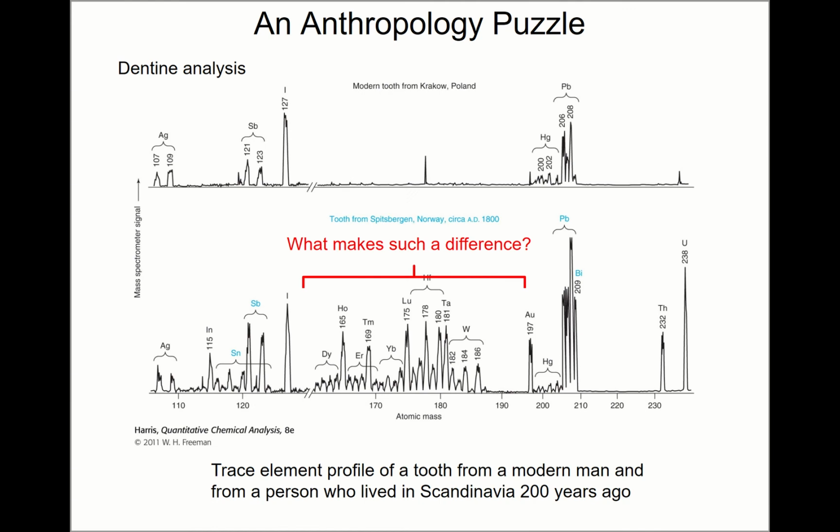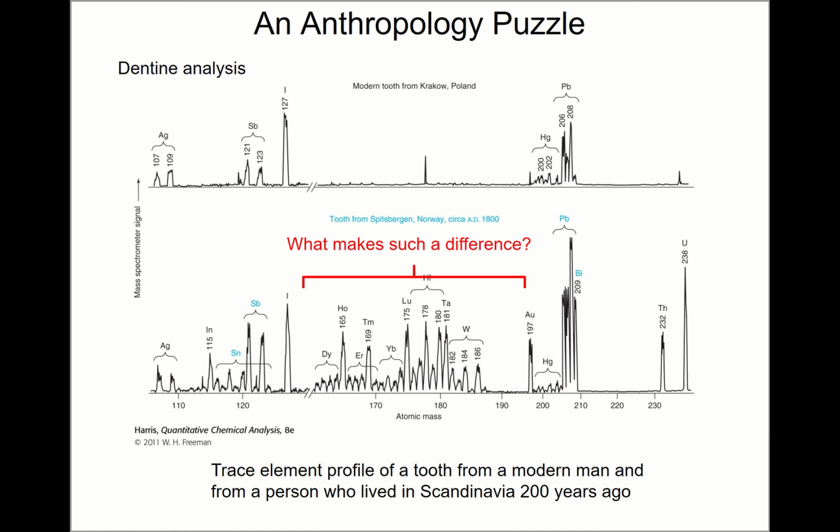The first example of this chapter is an anthropology puzzle. Look at the front page of chapter 20, and you see two spectra. That's the dentin analysis. The dentin is a part of your teeth.